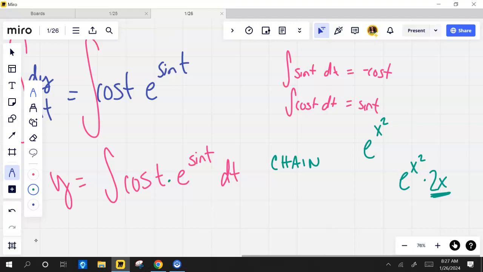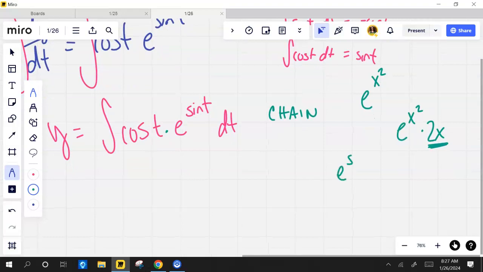What could possibly I have started with that whenever I took the derivative, I ended up with e to the sine t times cosine t? What's the derivative of that? You're getting close. But it's multiplication, so it doesn't matter.